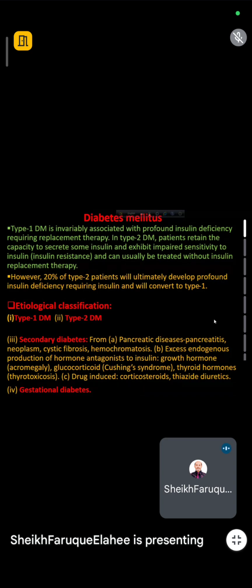You cannot treat him otherwise. He will die because his body has no insulin-producing cells, or maybe very minimal, which is not enough to produce sufficient insulin to maintain his body. So this is type 1 diabetes mellitus. Now what is type 2 diabetes mellitus?